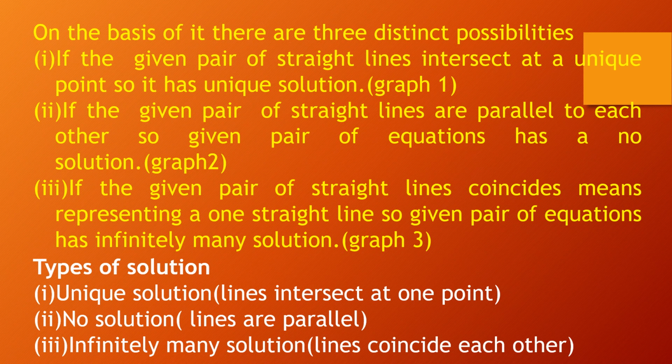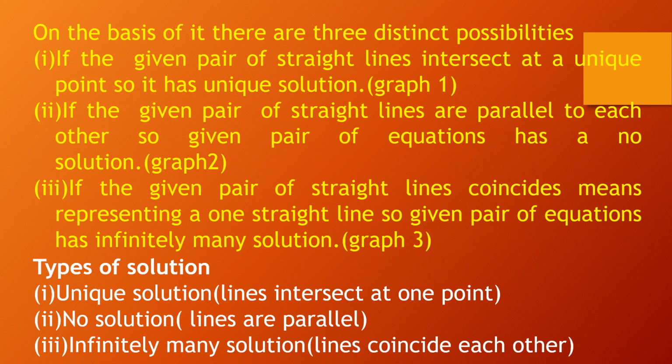When we represent these straight lines geometrically, we have three conditions: the lines may intersect each other, may be parallel to each other, or may coincide. So on the basis of it we get three distinct possibilities.